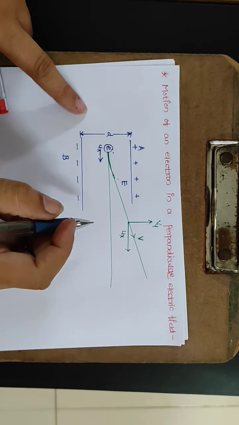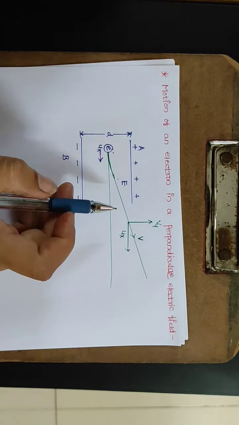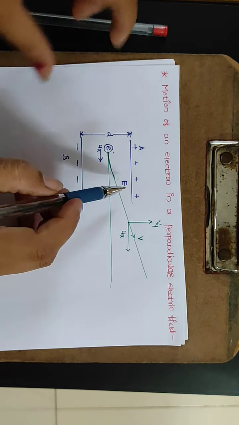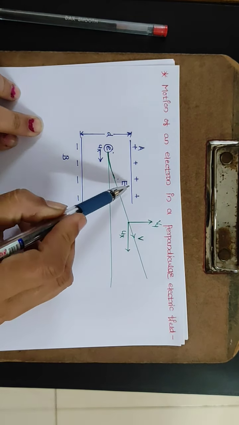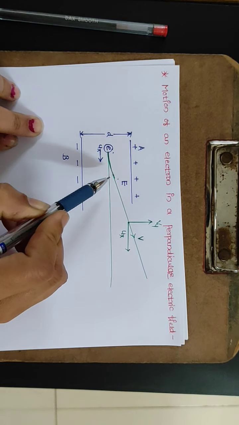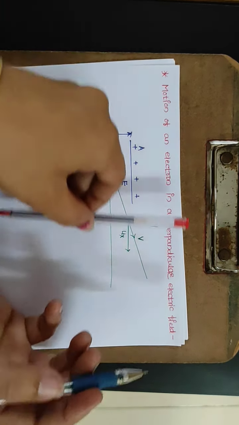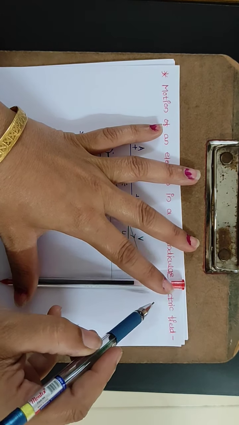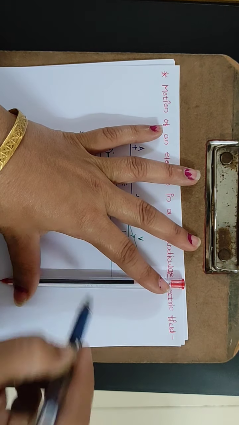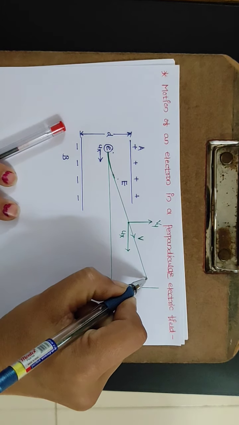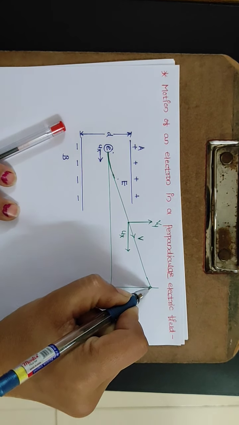After emerging from the plates, the electron finally strikes a screen at point Q.